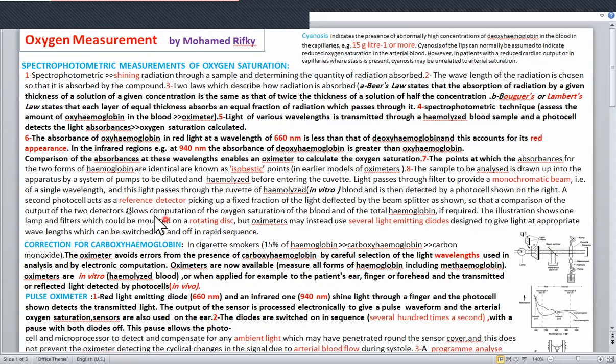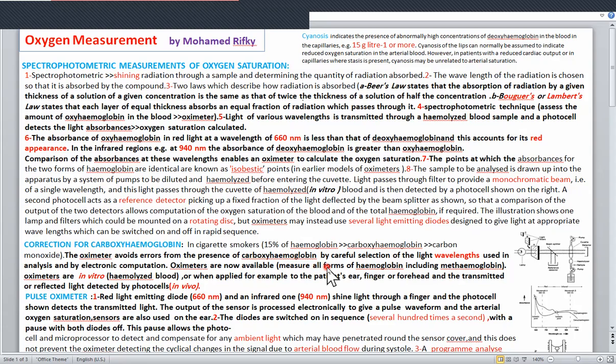This we call a rotatory disk, you see, or we can use several light emitting diodes. A diode is a device that gives me monochromatic wavelengths. A correction for carboxyhemoglobin, of course: we know carboxyhemoglobin is due to inhalation of carbon monoxide.